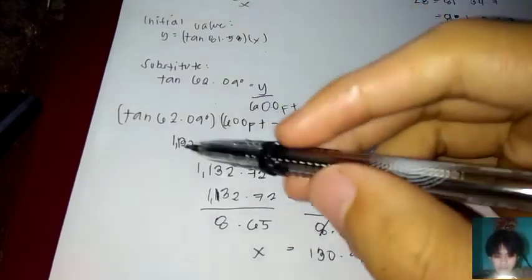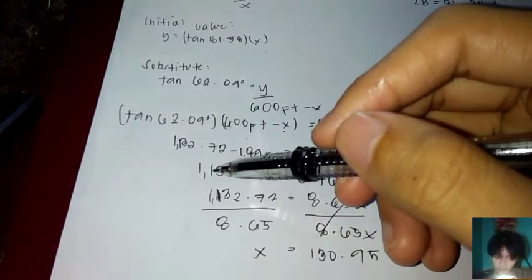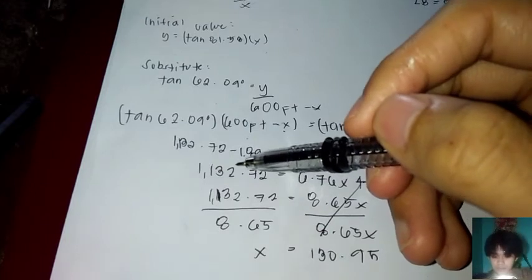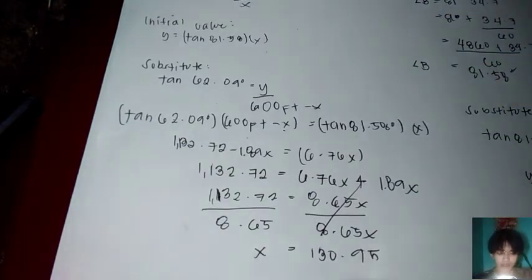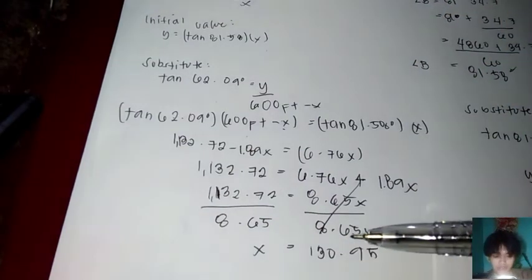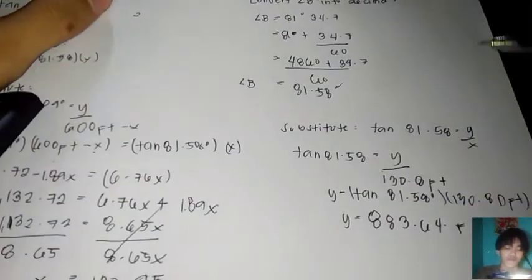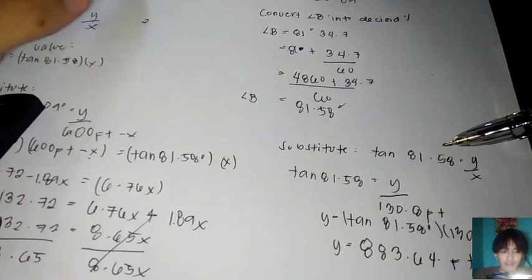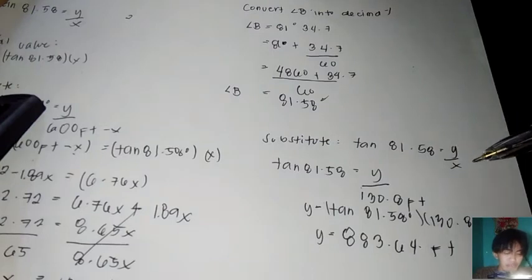So we have x, and let's divide the 113.272 to 8.65. So the answer is 13.095. So after that, we need to substitute. So we have tan 81.58 equals to y over x.